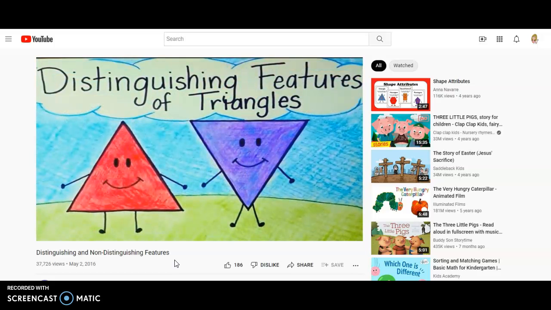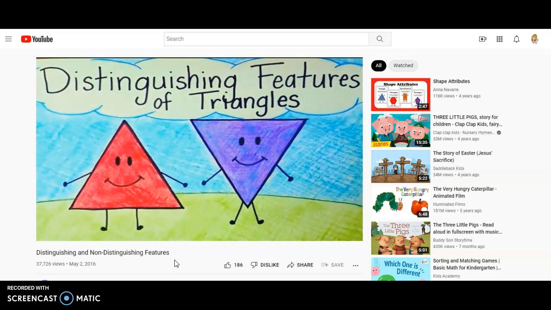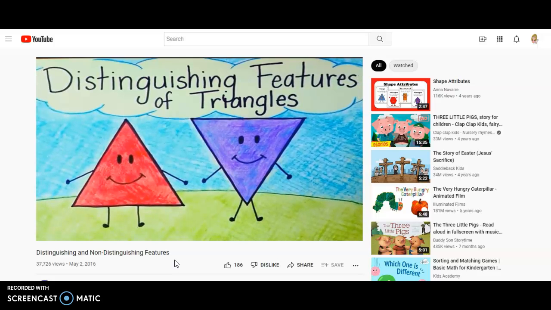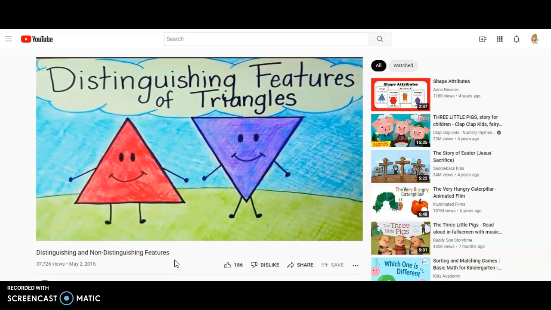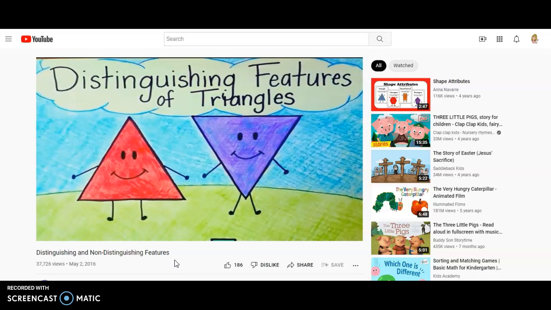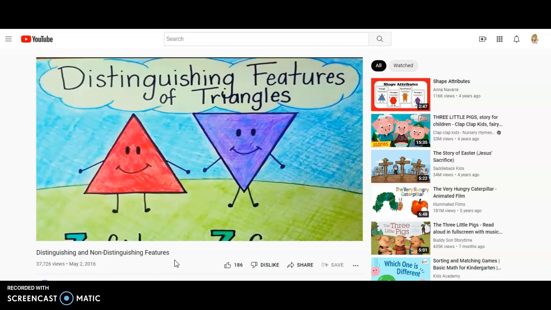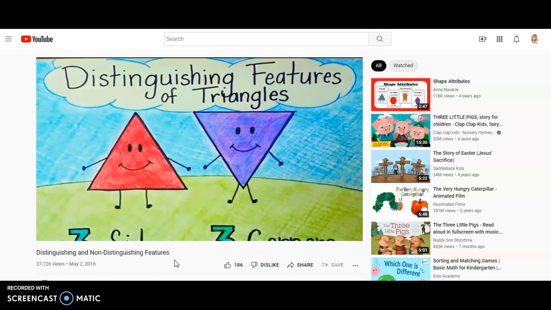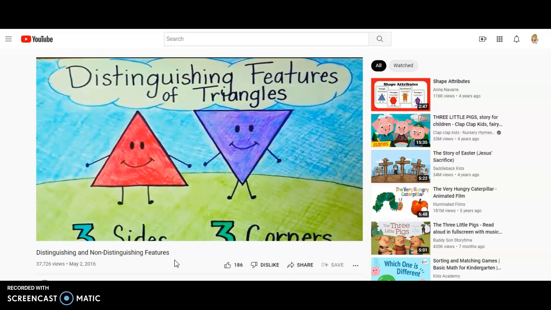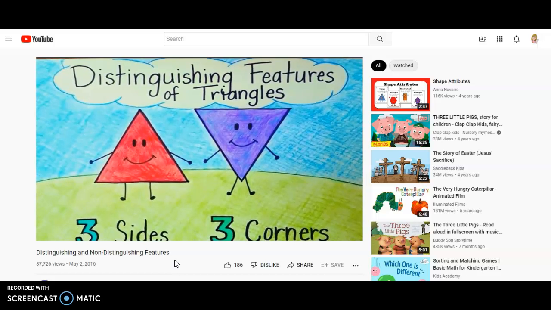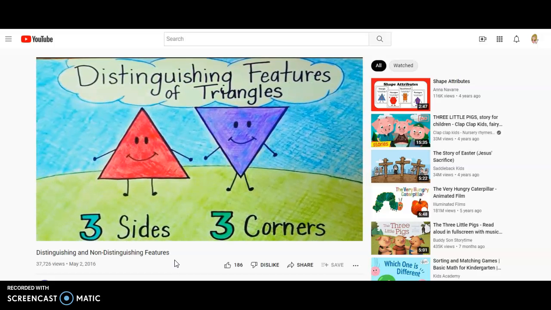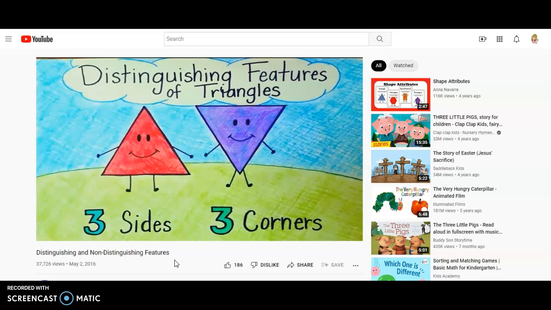All triangles have two distinguishing features. Distinguishing features are special characteristics that make each shape unique. The two distinguishing features of triangles are that they have three sides that connect at three corners.